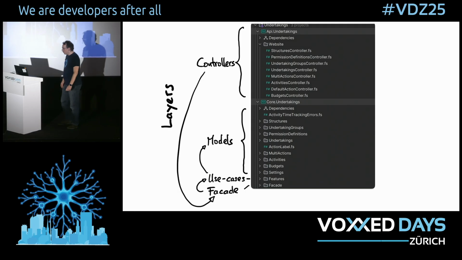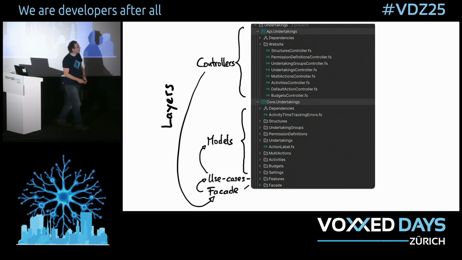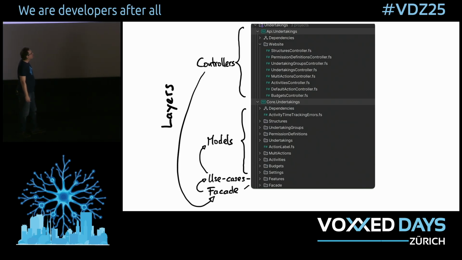And if we go one step further and look into these two projects, we see that the API's controllers use the same slicing names as I've shown through this presentation, and the same is for the core undertakings.